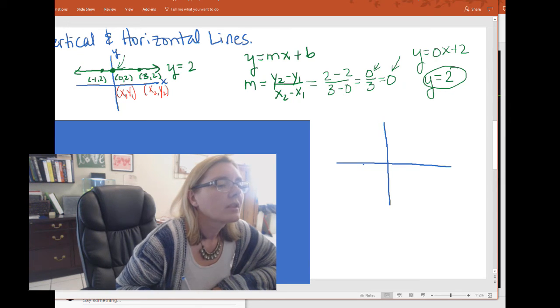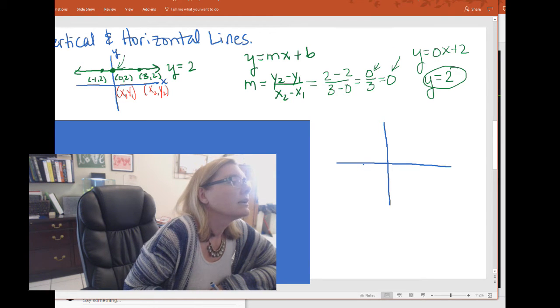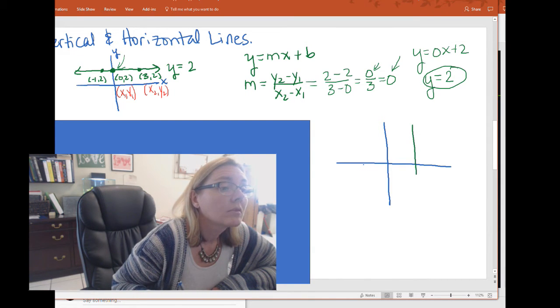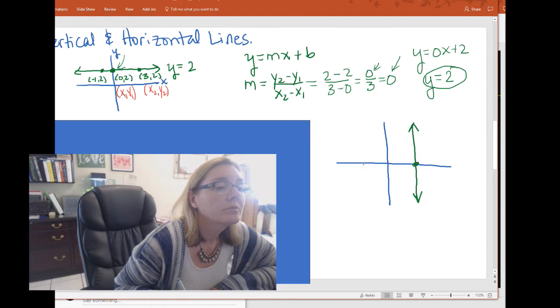So let's draw a vertical line now. All right, so here's a vertical line, and let's say it goes through the point (4, 0).